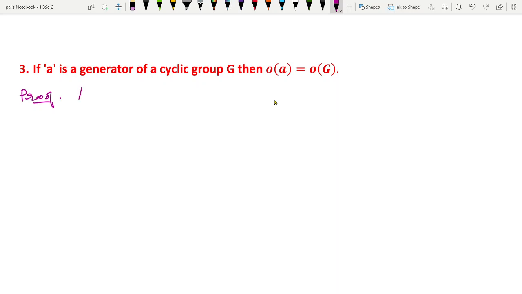Let the order of the element A be equal to n.